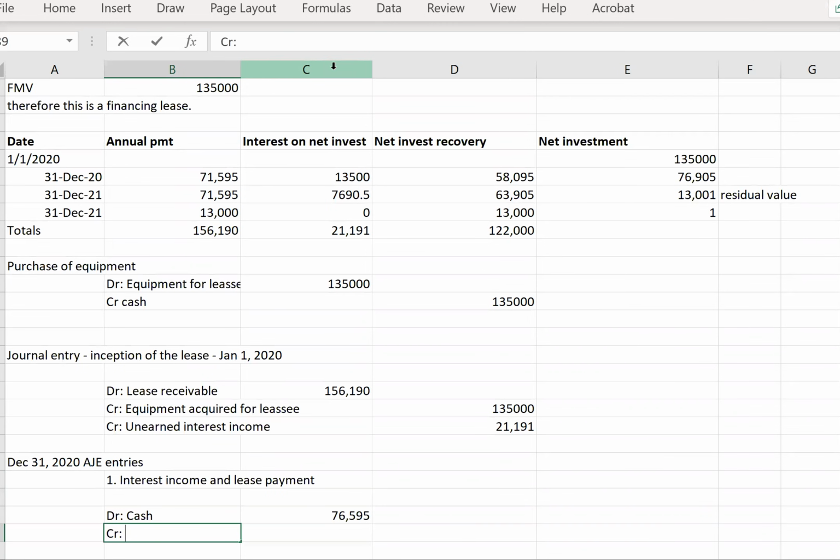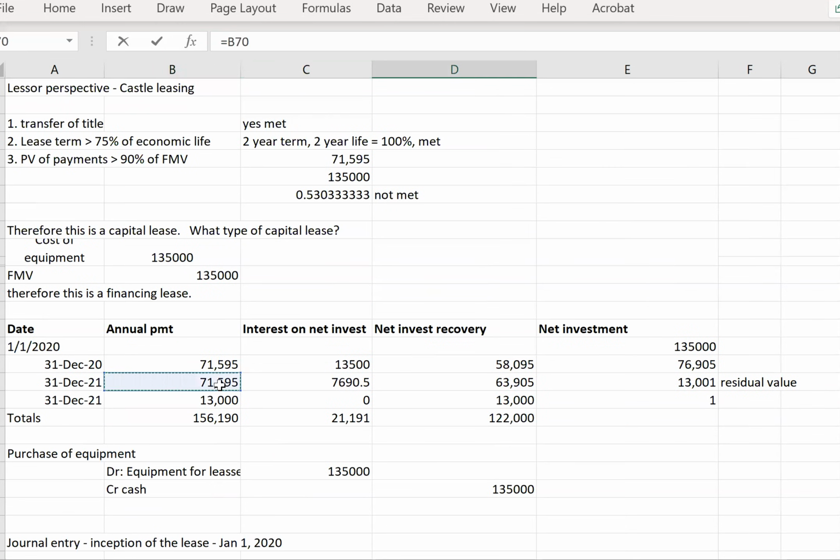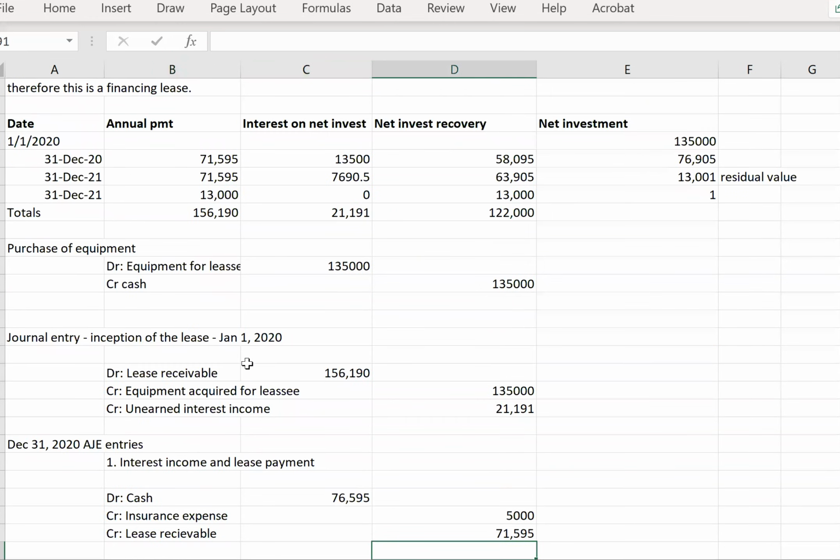Then we're going to have credit insurance expense because we have to pay the insurance expense. That's why we got that extra 5,000. And the others we're going to credit our lease receivable, and this amount is going to be right from our schedule.